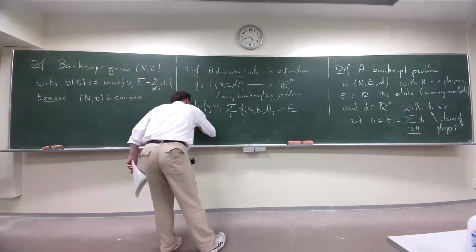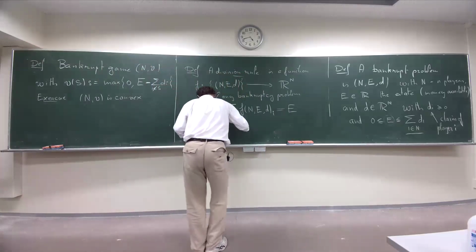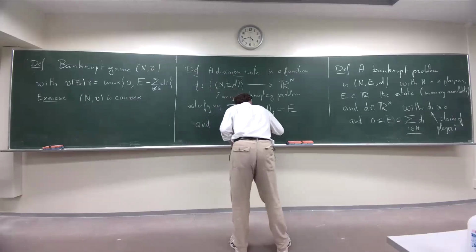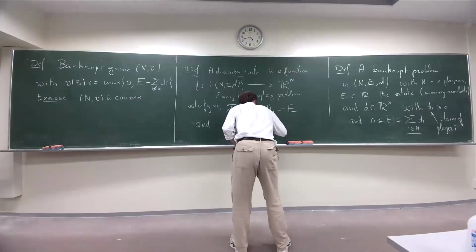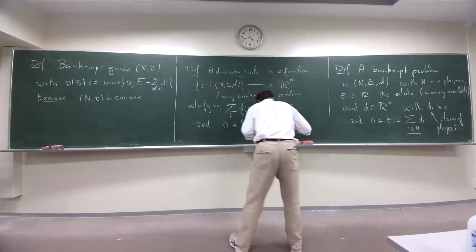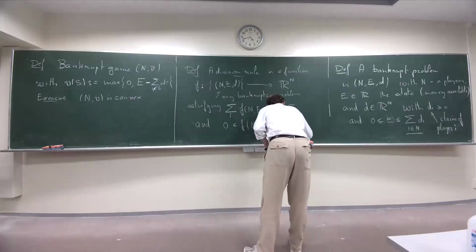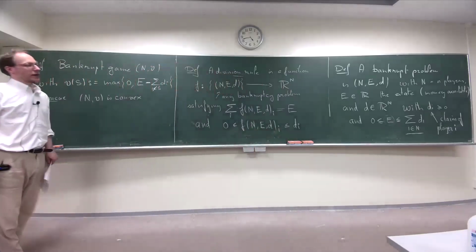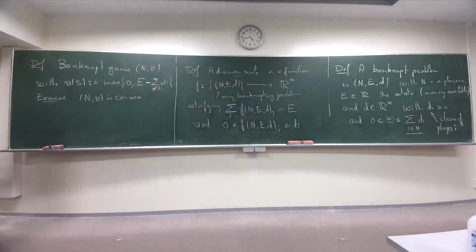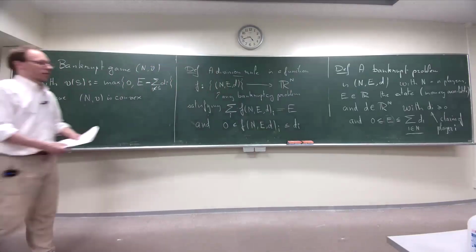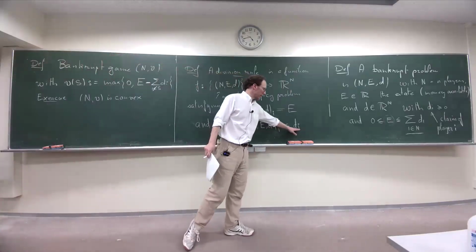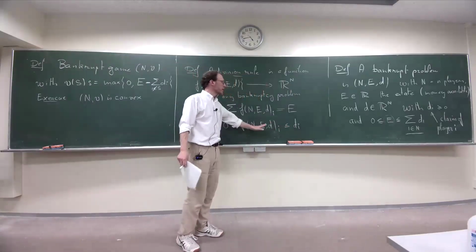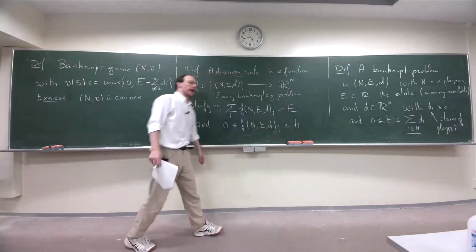And there is a second thing: 0 is at most F_i, which is at most d_i. What does it mean? It means no player should get more than what they claim. Player i would like to get d_i, this number, and he will get something between 0 and what he claims.